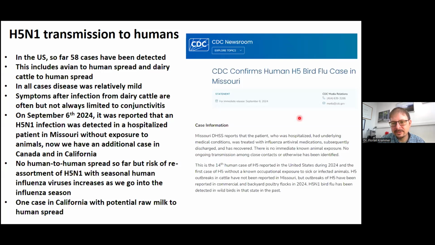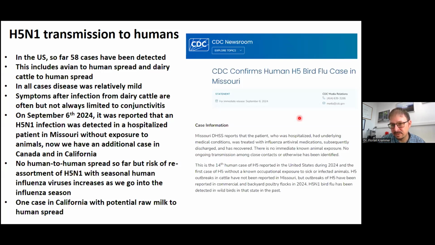The problem that I also see here is that, of course, there's a lot of people working on these dairy cattle farms, and they get exposed to the virus, they might get infected. And now we're going into influenza season, and these people might get infected with seasonal influenza viruses, and then might still go to work and get co-infected with H5N1, and that can lead to these reassortants.